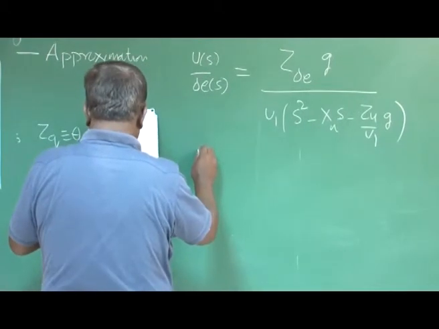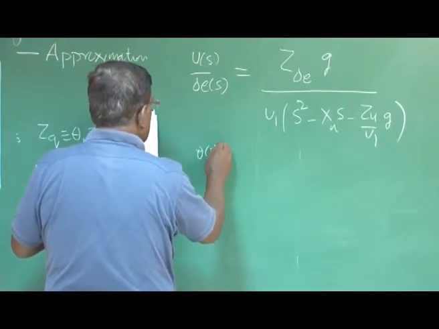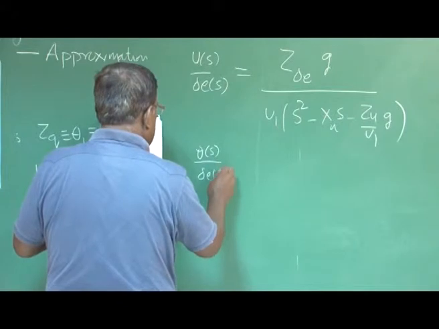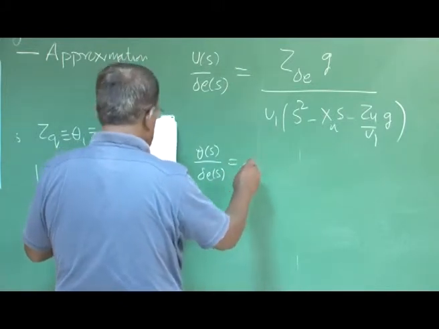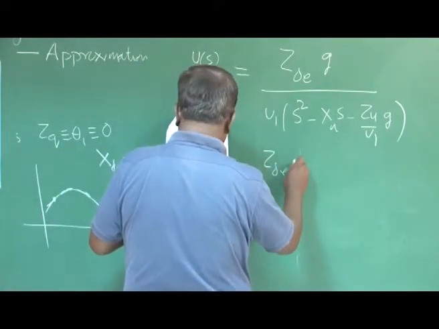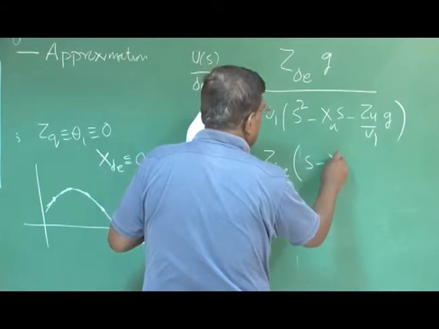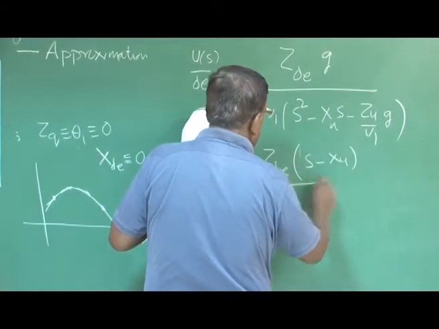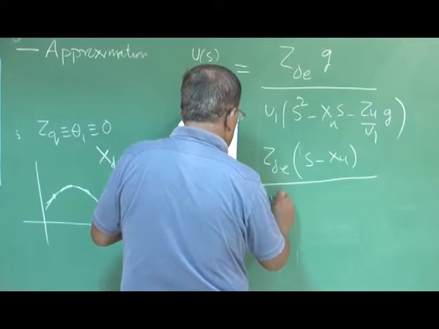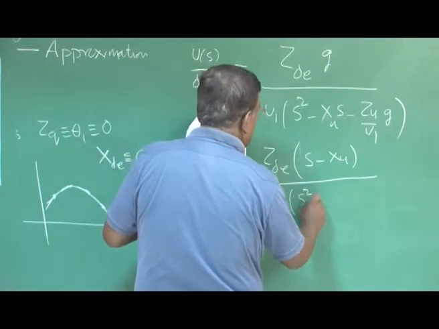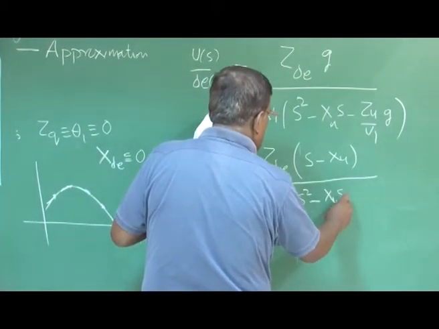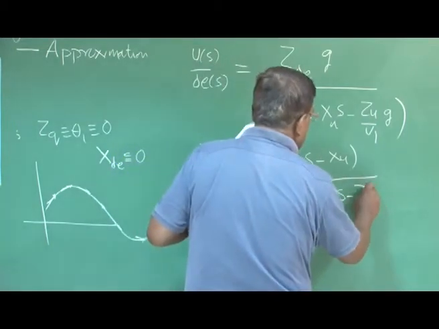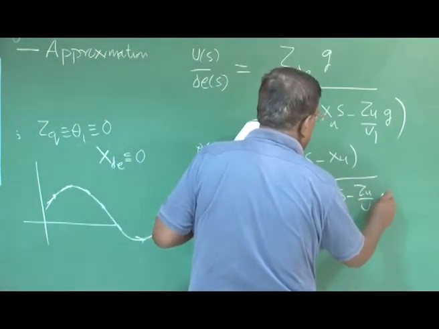Similarly, theta of s by delta E of s is given as Z delta E into s minus X U divided by minus U1 s square minus X U s minus ZU by U1 g.